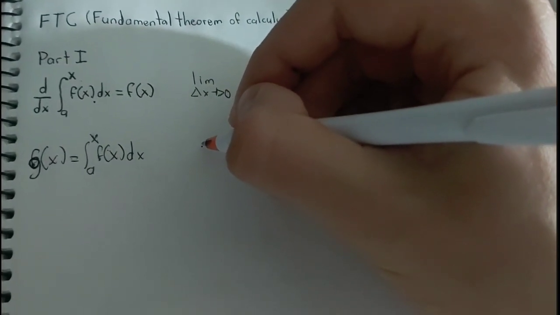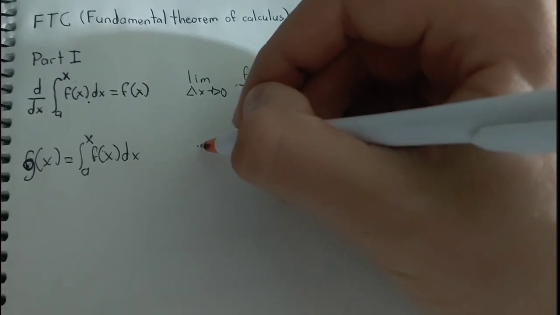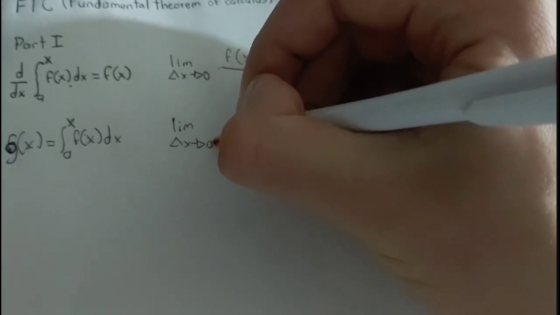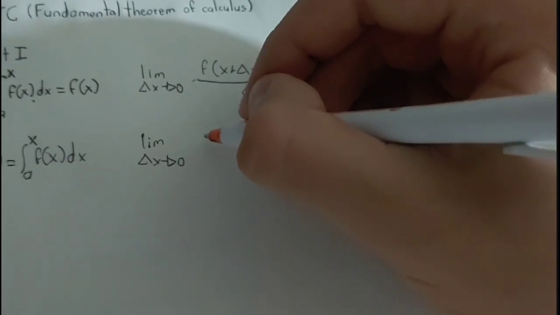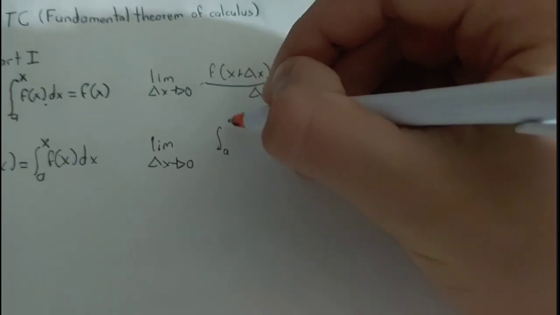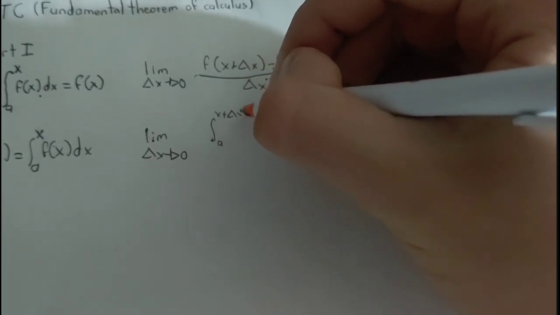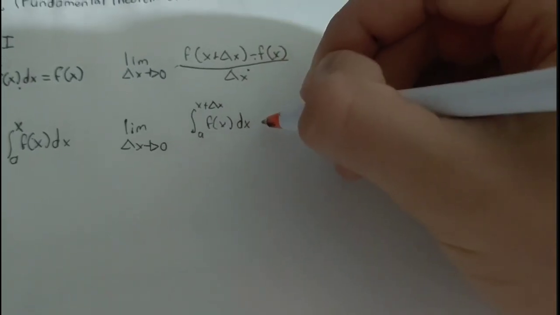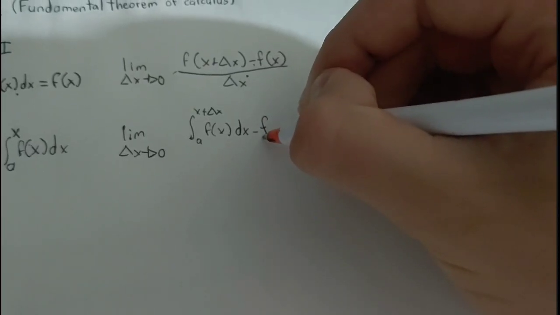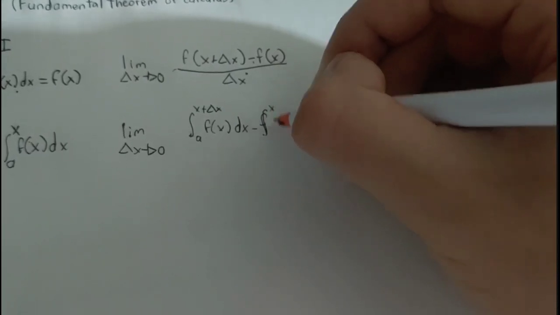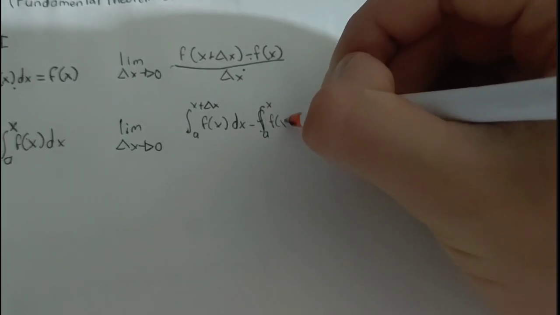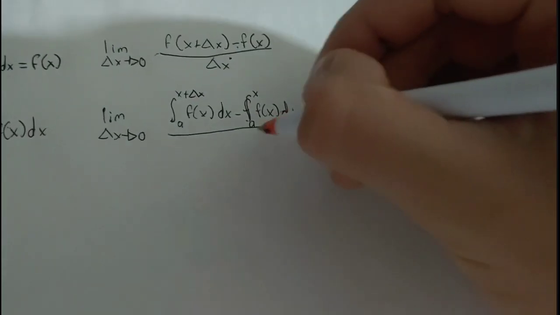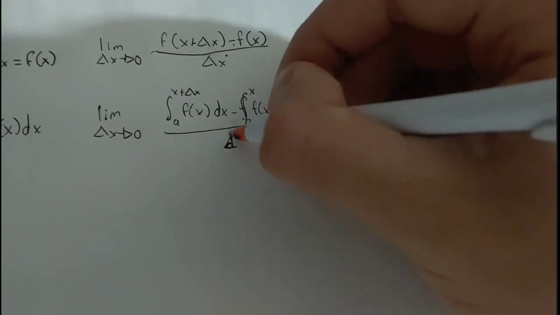So this is the limit as delta x approaches 0 of the integral from a to x plus delta x of f of x dx, minus the integral from a to x of f of x dx, over delta x.